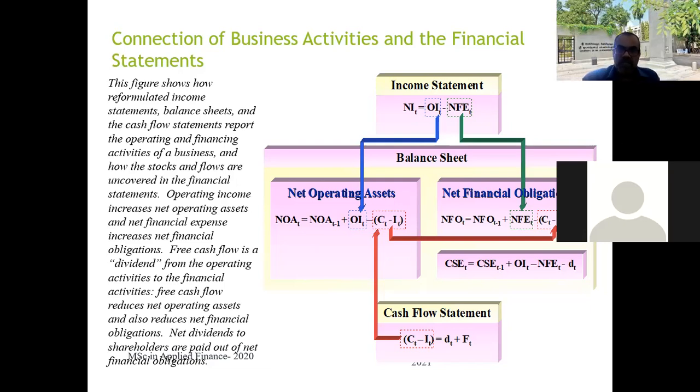Now, operating income is connected to the balance sheet. Operating income is taken from the income statement. Now it is connected to the balance sheet. How? With the same argument, operating income at a time t, minus the change in free cash flow, plus the change in net operating asset would determine the net operating asset at the end of that particular year.